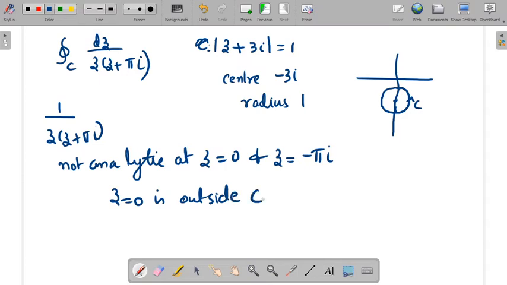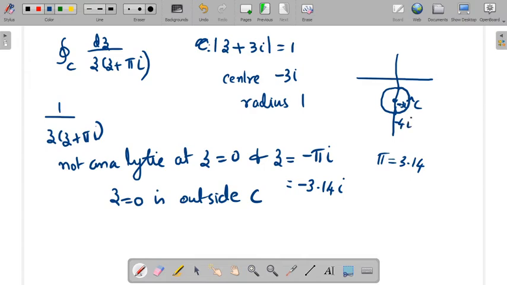And what about z equal to minus pi i? You know the value of pi is 3.14, so minus pi i means minus 3.14 i. See, this point is minus 3i and this point is minus 4i.